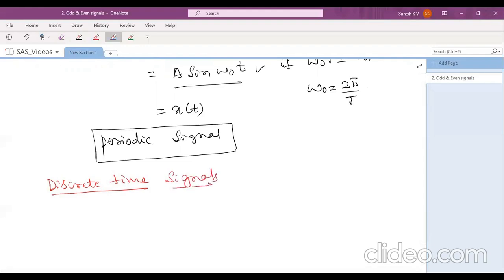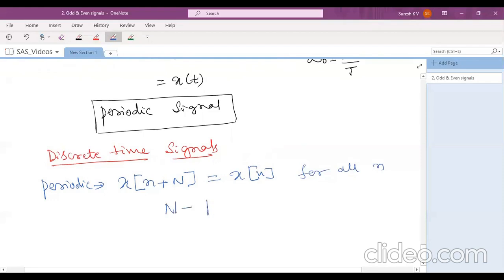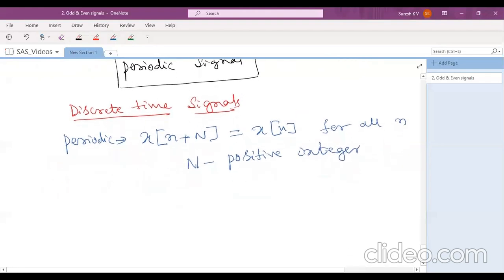So the definition is, for a signal to be periodic, x of n plus capital N should be equal to x of n for all n, and here capital N is a positive integer. Only if N is a positive integer, then the condition is true.